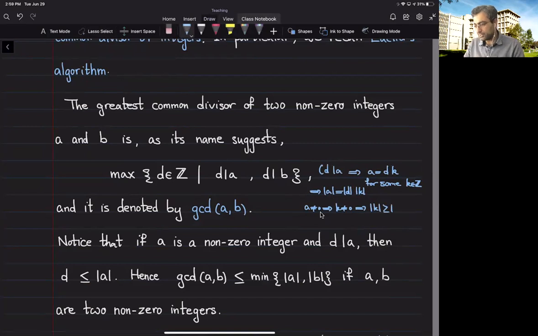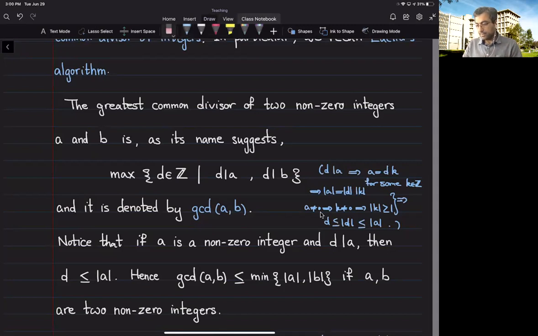And from here, we can deduce that absolute value of d is at most absolute value of a. And of course, d is at most equal to its absolute value. So altogether, we get that every divisor of a non-zero integer a is at most equal to its absolute value.